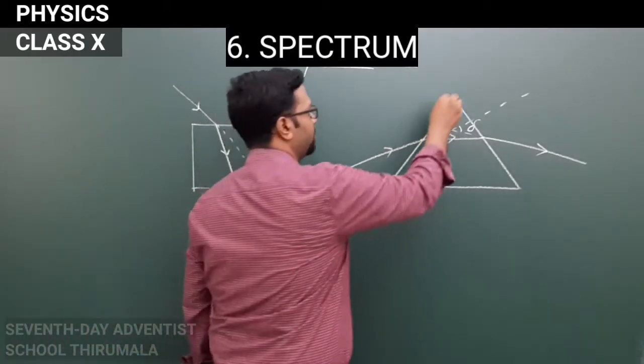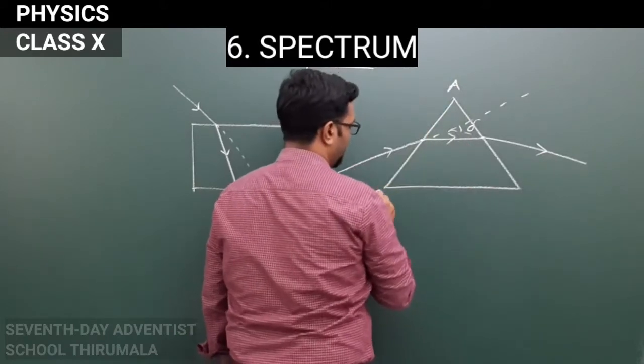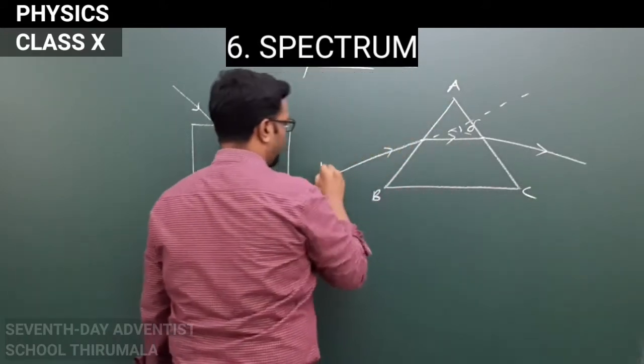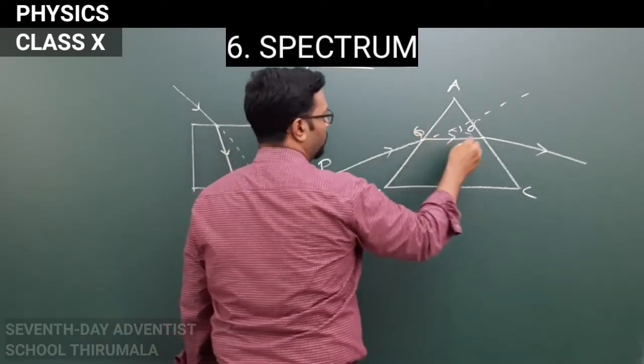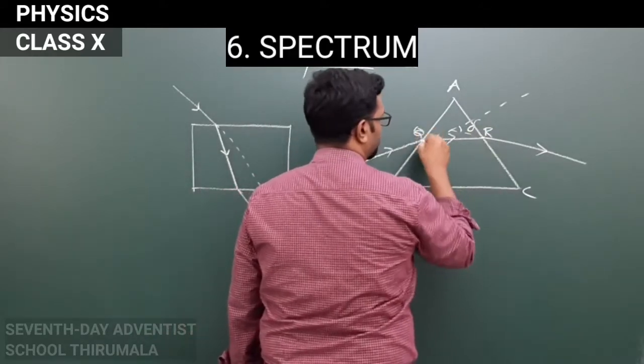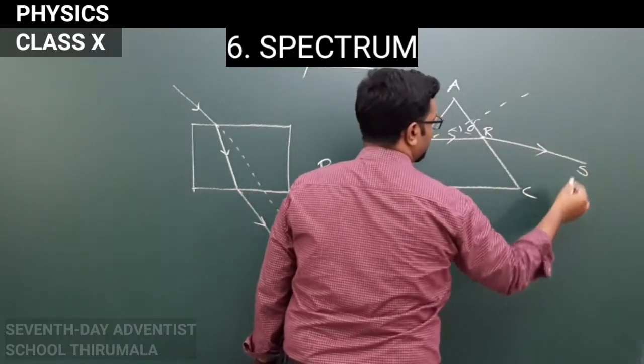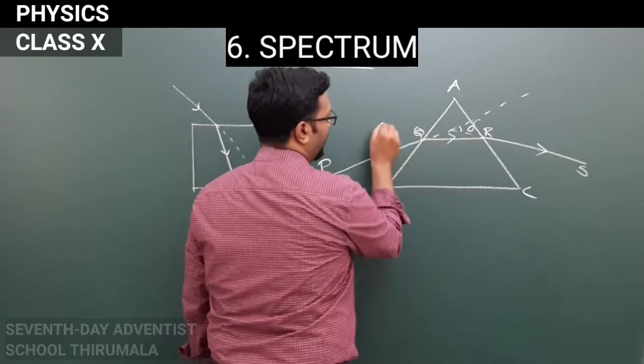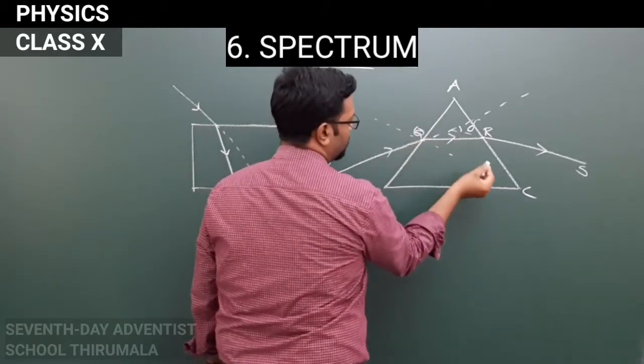So I am going to name this prism as A, B, C, and the light ray as P, Q, R, S, and here we have a normal which I'll draw as a dotted line.